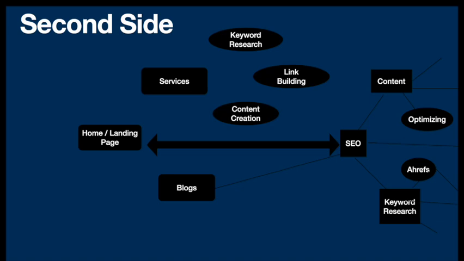While on the commercial end, which is the non-informational, as I like to call it, you use a reverse silo, and you can then have links coming to your service pages from these pages that will bring in a lot of traffic, I'm pretty sure, and these will then also help your service pages rank. So in this case, the services will be keyword research, link building, content creation, blogs, and that's it.